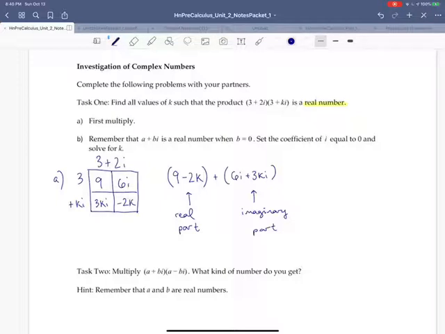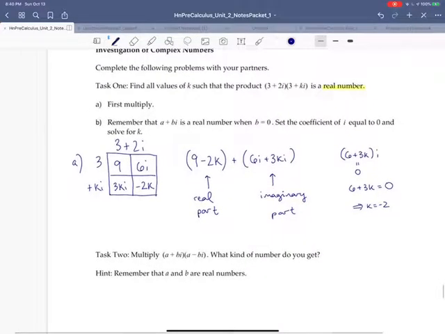Well, 6i plus 3ki we can factor as 6 plus 3k times i, and since this has to equal 0 in order for our product to be a real number, we solve 6 plus 3k equals 0, and we get k equals negative 2.